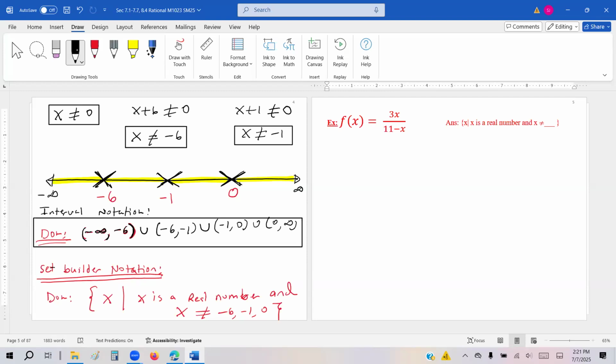Okay, how do you start? Hamza, go ahead. 11 minus x cannot be 0. This is equal and not equal. It cannot be 0.